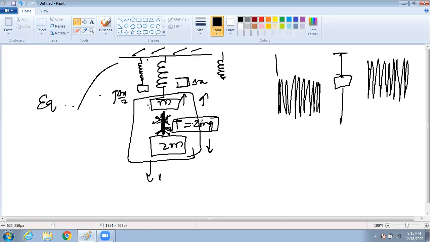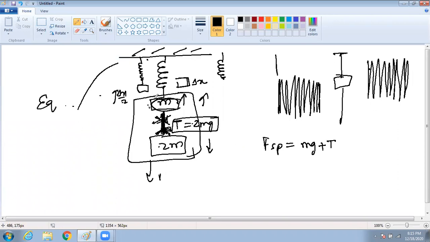Yes. Now, what is this spring? This spring is holding this one and this one. So you can say your F_sp is equal to the weight plus tension. The tension is upward.